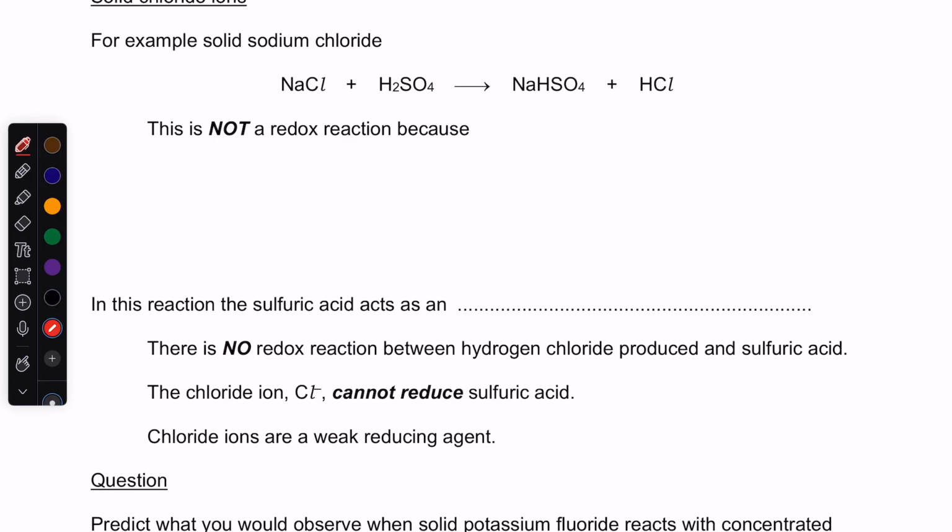And if we just write in the oxidation states of the halide, so chloride is -1 there, and it's -1 there. So the chloride hasn't changed oxidation state, and the sulfur is +6 in the sulfuric acid, still +6 in the sodium hydrogen sulfate.